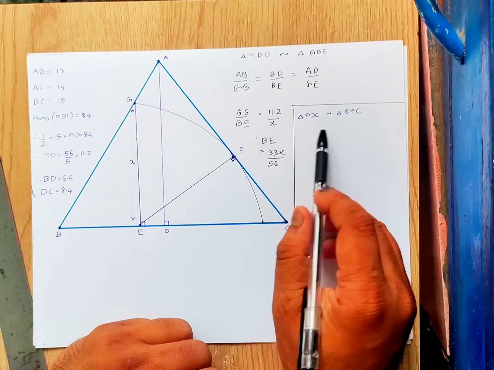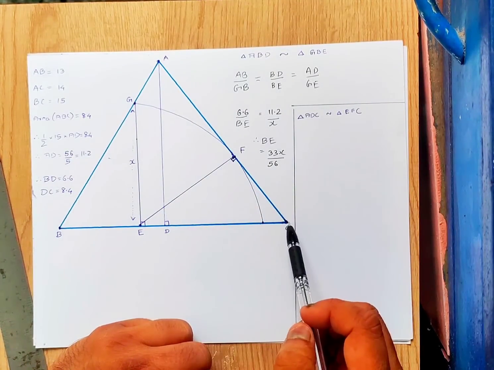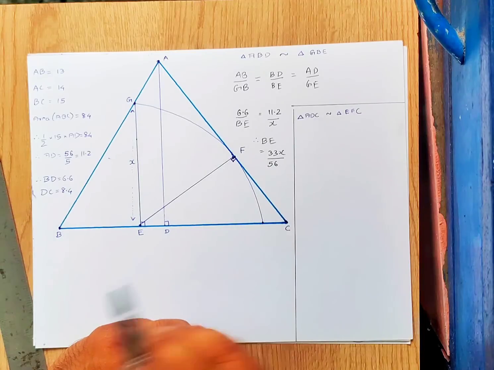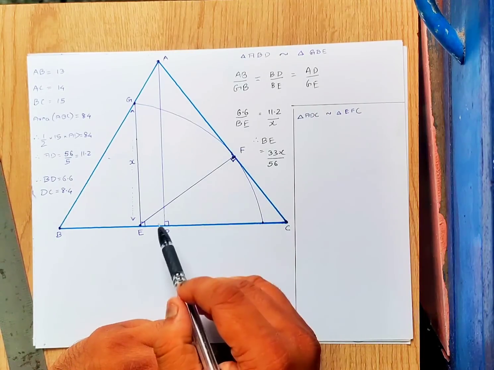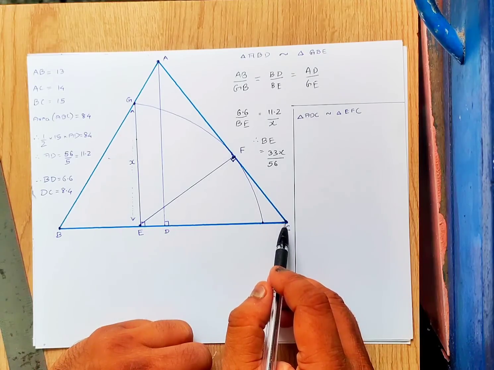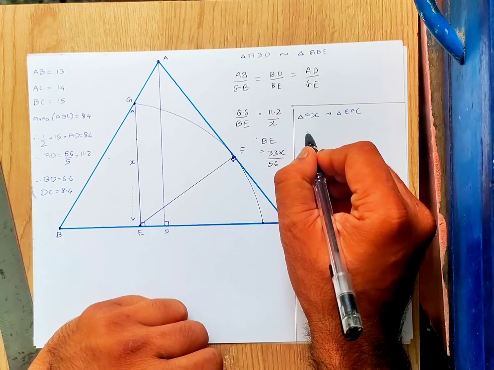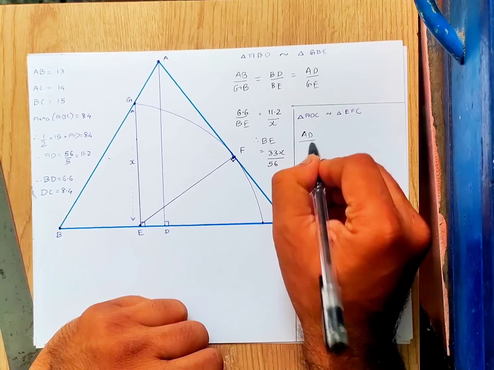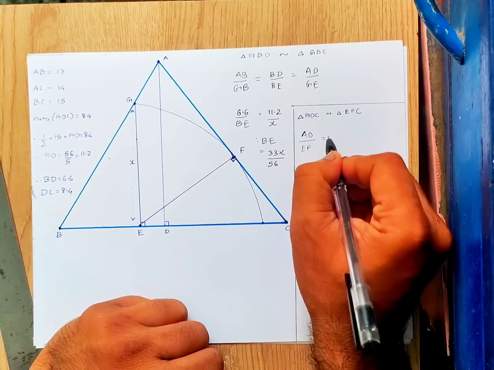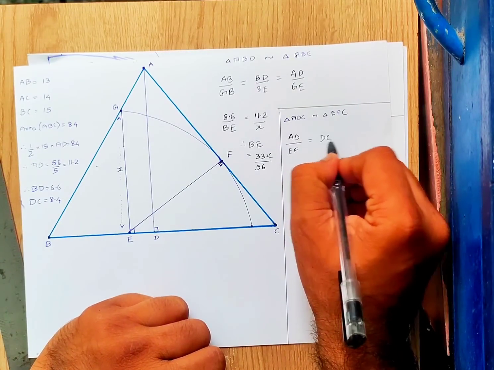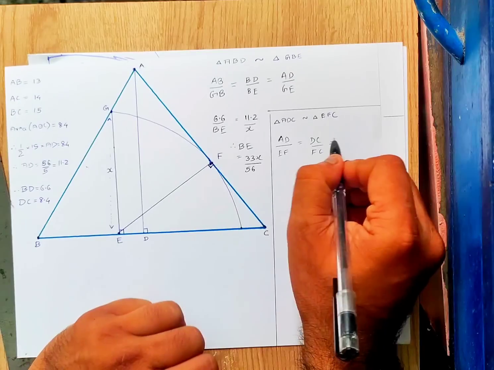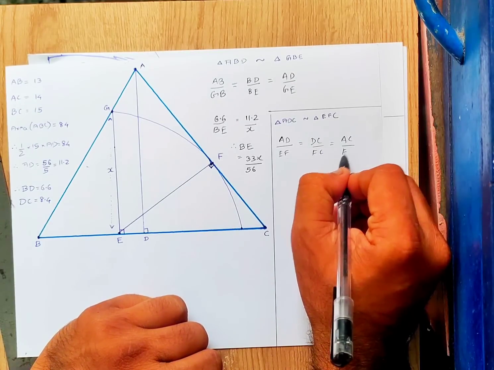Now let us observe these two triangles, triangle ADC and triangle EFC. I have one angle 90 degrees common and the angle C, which is also common. That means these two triangles are also similar. So let us write down the ratios. AD by EF is equal to DC by FC is equal to AC by EC.